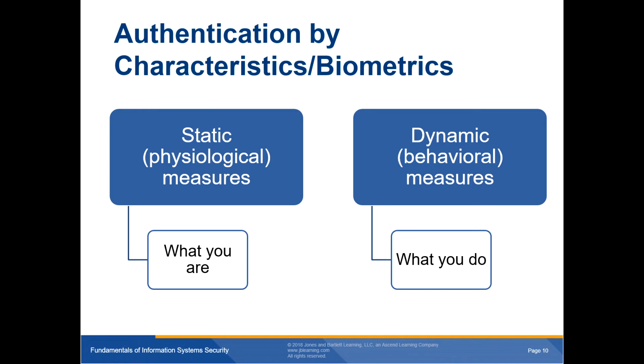Keyboard strokes, that definitely could, the speed and frequency of how you key on the keyboard can be recorded. And signature motions, which is authentication by action. So those are dynamic behavioral measures of biometrics.